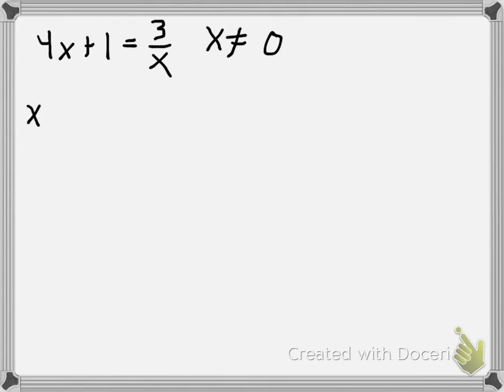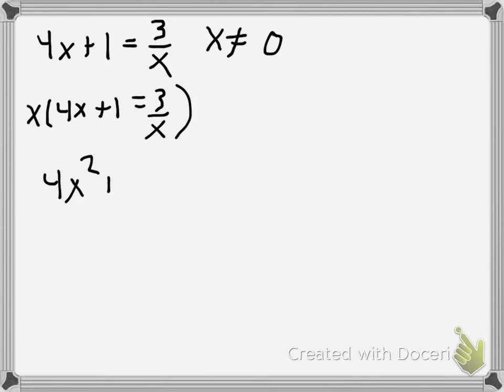So I have x times 4x plus 1 equals 3 over x. All right, x times 4x is 4x squared. 1 times x is x, or 1x. And the x's cancel here, and I get 3. For some reason, the x times 4x is really messing you all up.